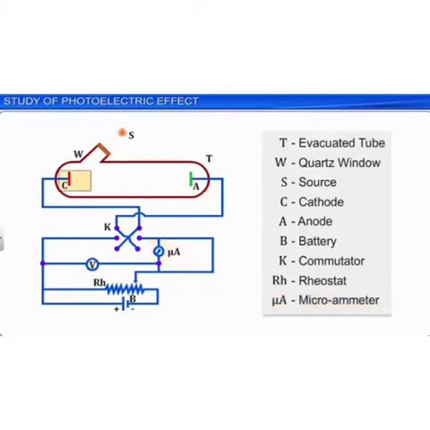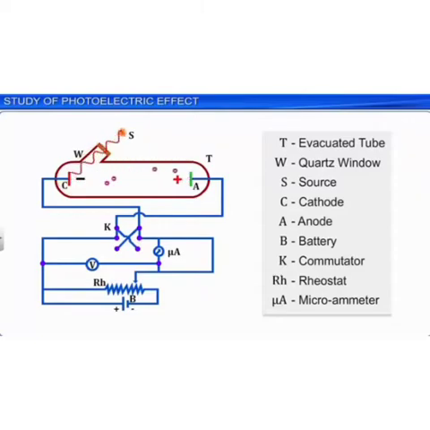The emitter plate is now maintained at negative polarity, and the collector at positive polarity using the commutator, so that the electrons emitted by the cathode can be collected by the collector or anode A. Monochromatic radiation from source S passes through the quartz window W and is incident on the photosensitive emitter plate C. The emitter plate C starts emitting electrons.